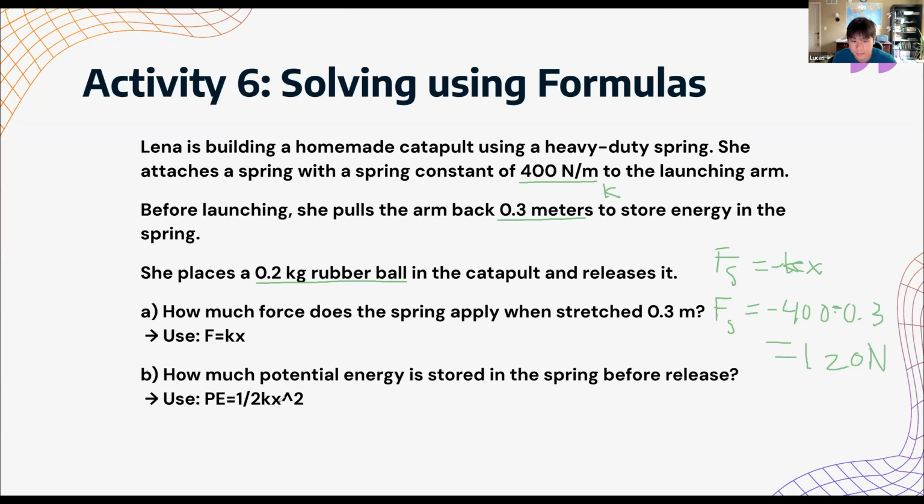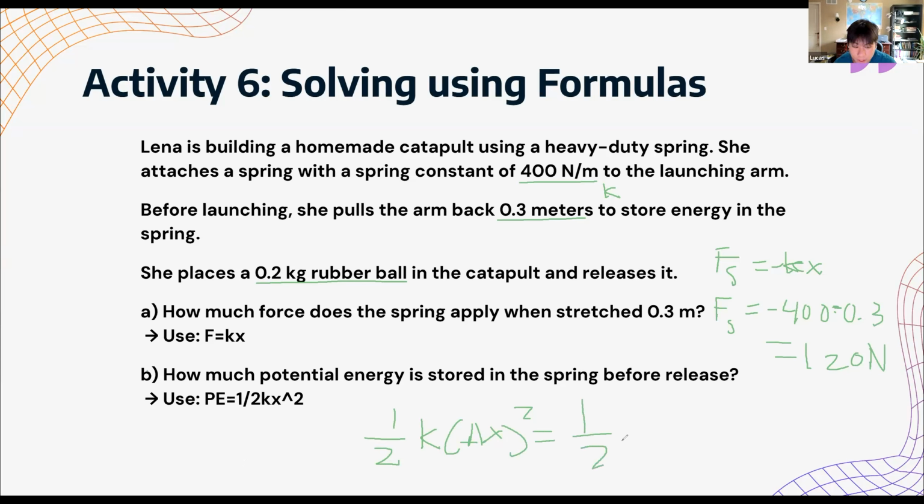And how much potential energy is stored in the spring before release? Do you guys know what the formula for spring potential energy is? 1/2 spring constant times displacement squared, which is kind of similar to kinetic energy, but it's different. We can just plug and chug again.